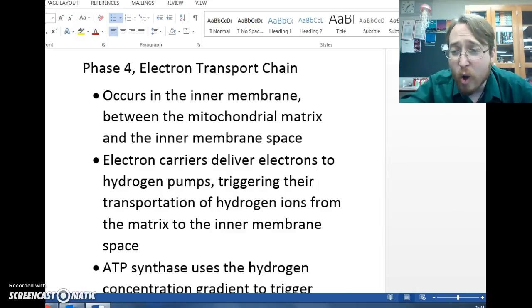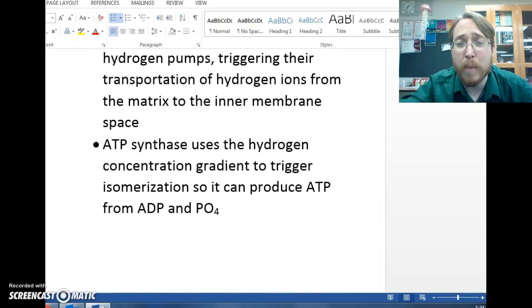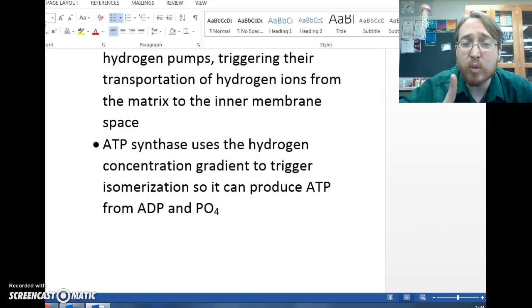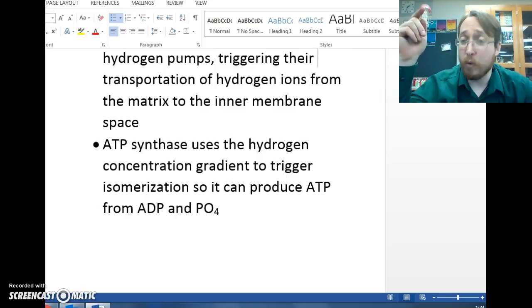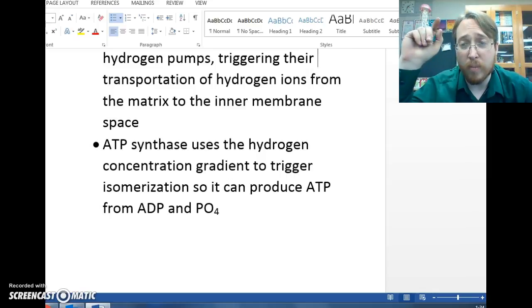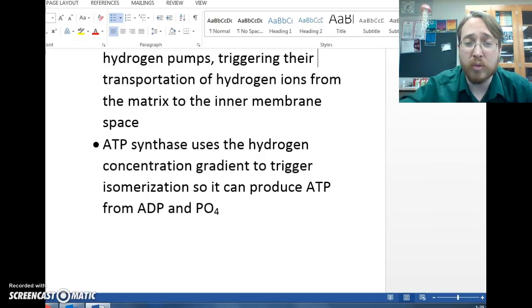Once we have all those hydrogen ions in the inner membrane space, ATP synthase uses the hydrogen concentration gradient. So there's facilitated diffusion of hydrogen ions from the inner membrane space to the matrix to trigger isomerization so it can produce ATP from ADP and phosphate.